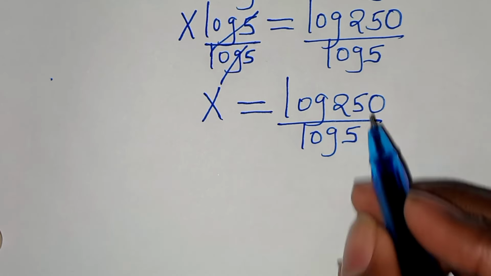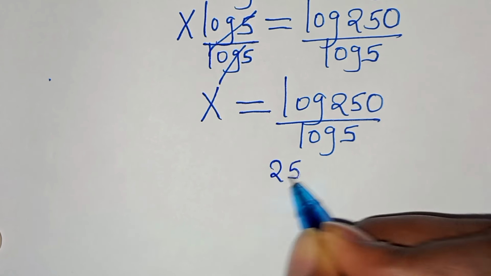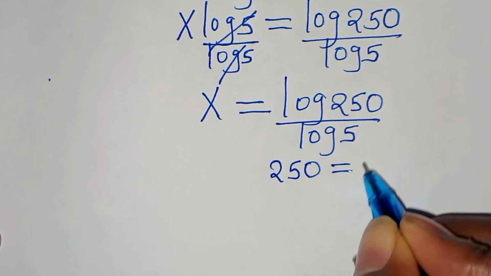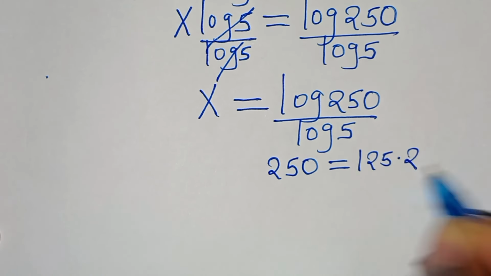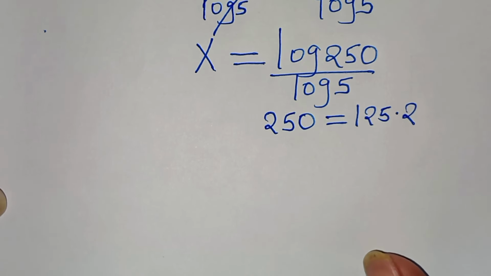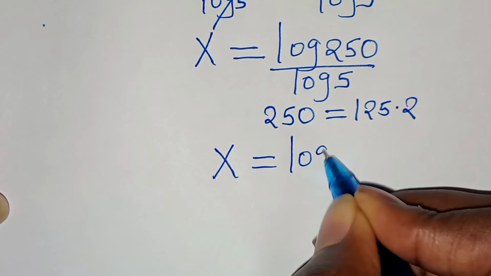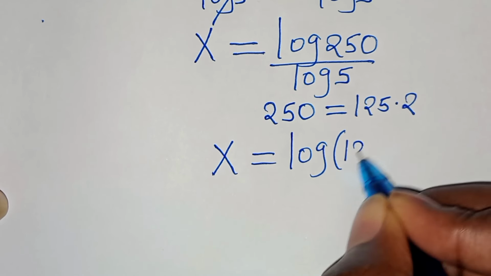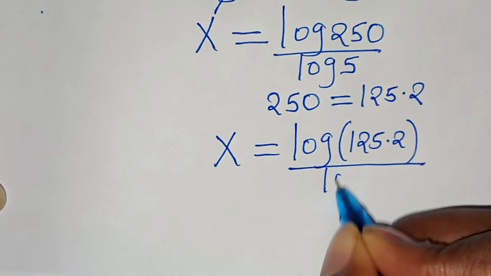The next step is that we can express 250 as the same thing as 125 multiplied by 2. So now we have x is equal to log of 125 multiplied by 2, divided by log 5.